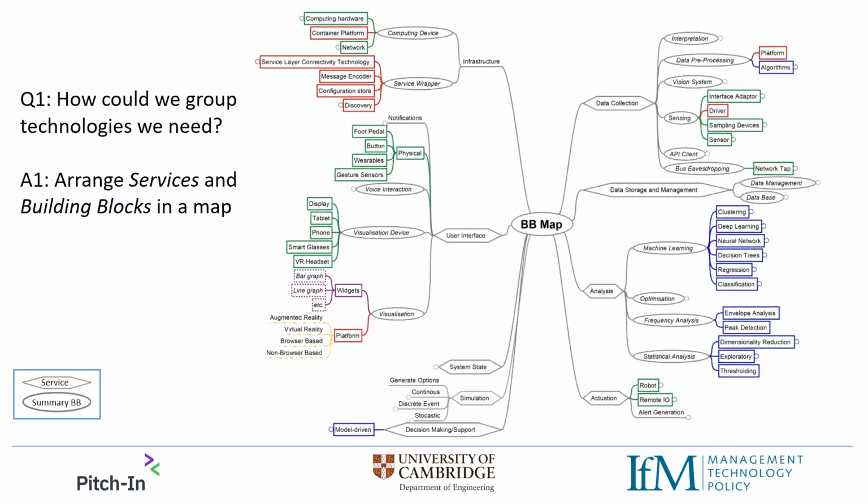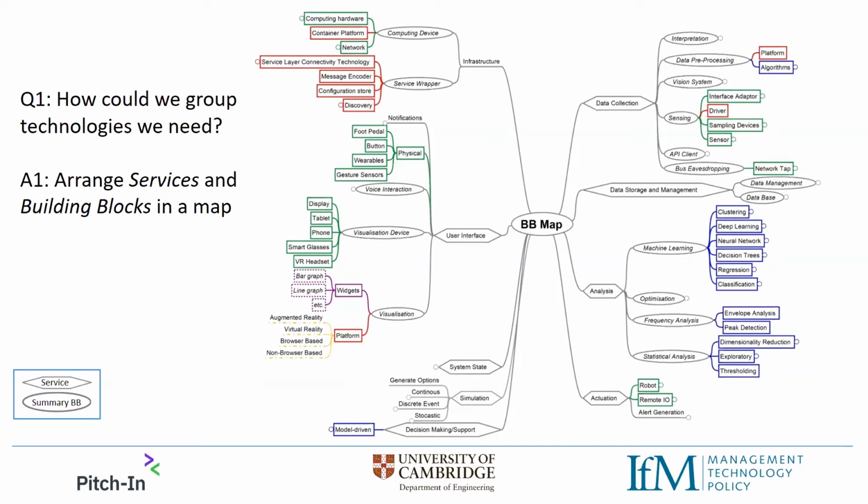So in this case, there are probably three research questions I wanted to go through here, and the first one is, how could we group the technologies that we need? And one of the ways we solve this question is arranging these different conceptual elements of modeling that we have in the Shoestring, that we call services and building blocks.